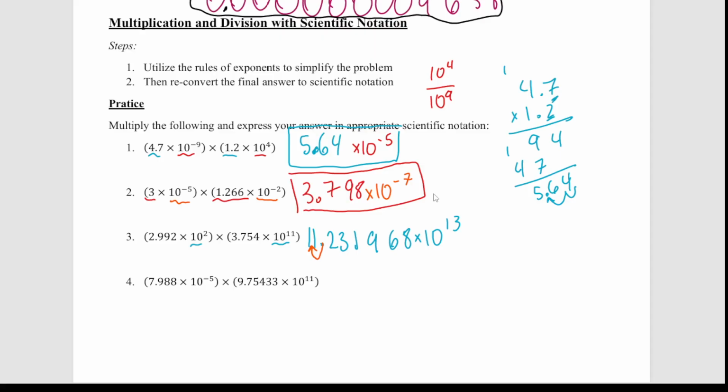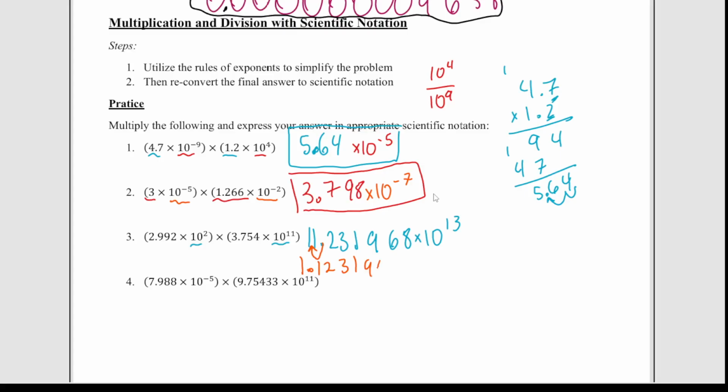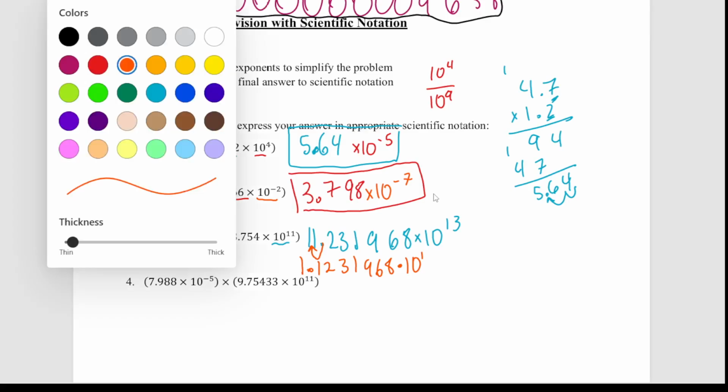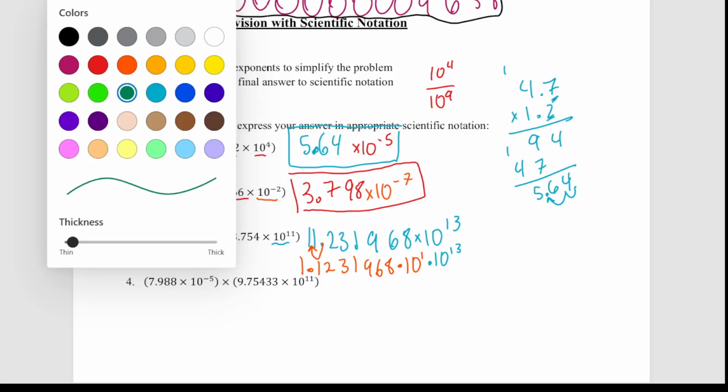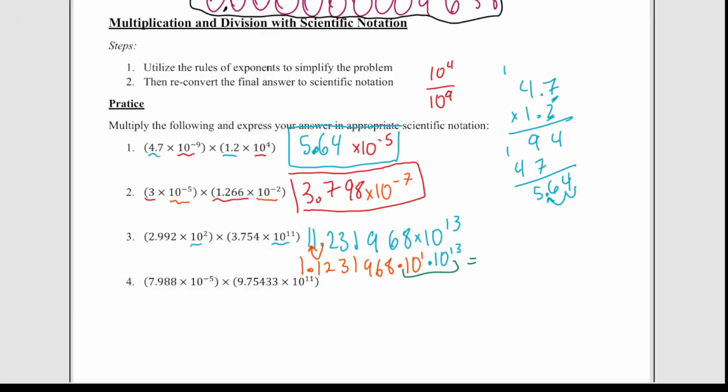To move it one more to the left, I really want to do 1.1231968 times an additional 10 to the first to do just that one move to the left. And then I still have this times 10 to the 13th, which will combine: 10 to the first times 10 to the 13th is going to make times 10 to the 14th, and I'll still have that 1.1231968.